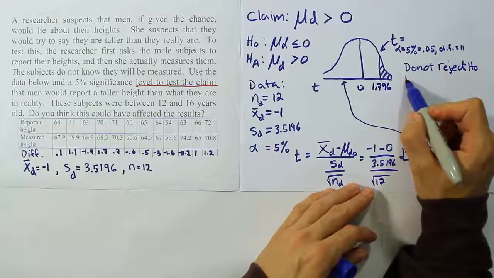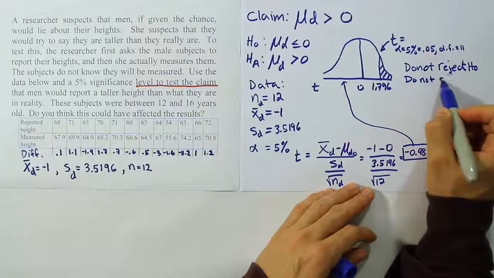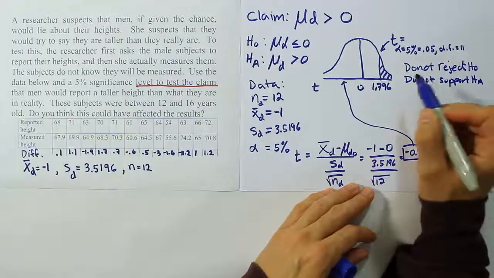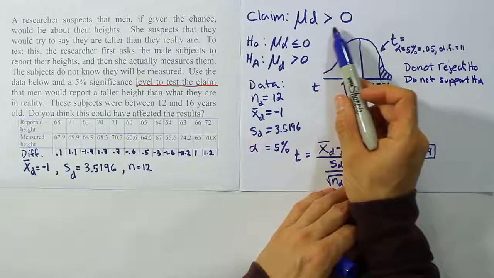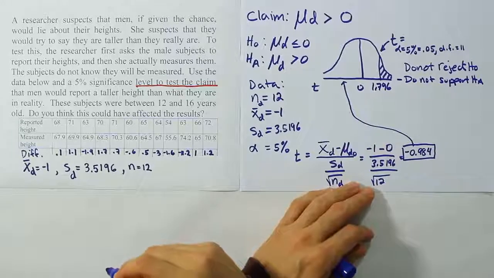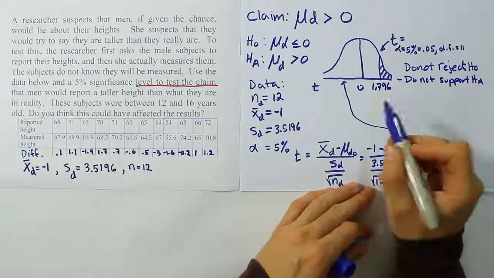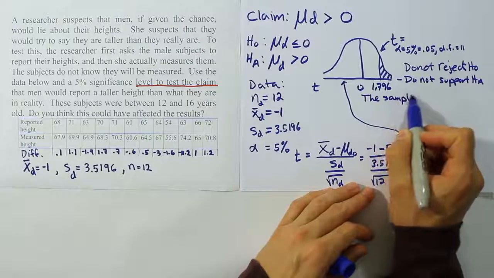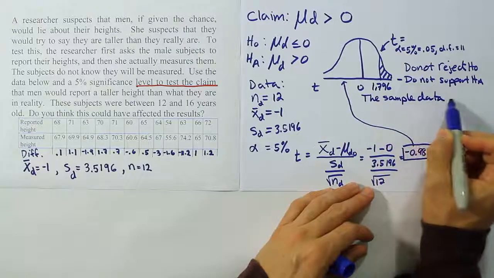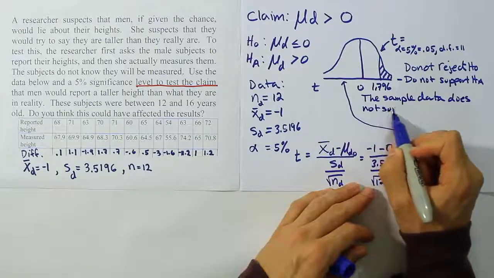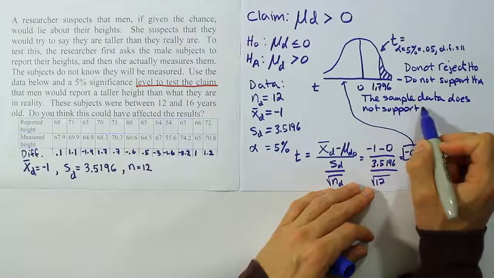And as a result, we do not support HA. Okay, so when we look back at our claim, we see that our claim is the same as HA. So basically, it's this phrasing we're going to say, that the sample data does not support the researcher's claim, right?